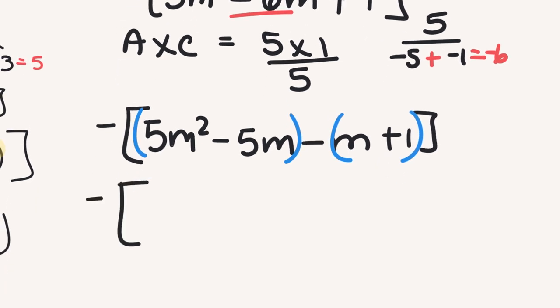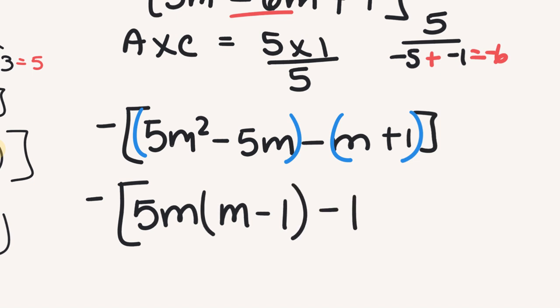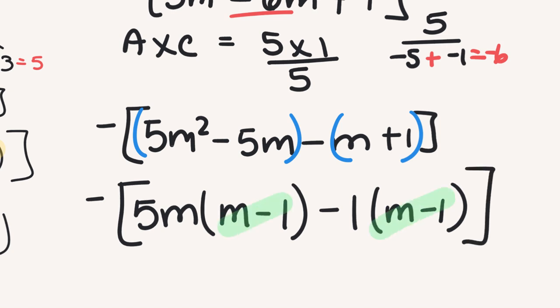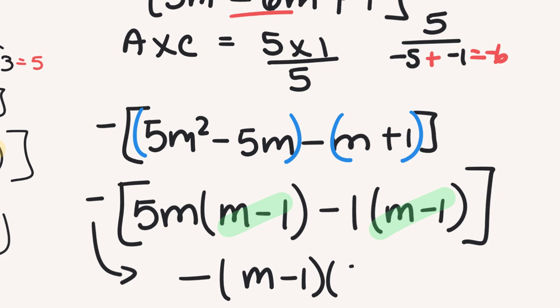Negative. Here I could factor out 5m times m minus 1, minus 1, because I can't factor anything inside, so I'm just going to put the 1, times m minus 1. The inside is the same, so my new answer is going to be, bring down that negative sign, negative times m minus 1 times 5m minus 1.